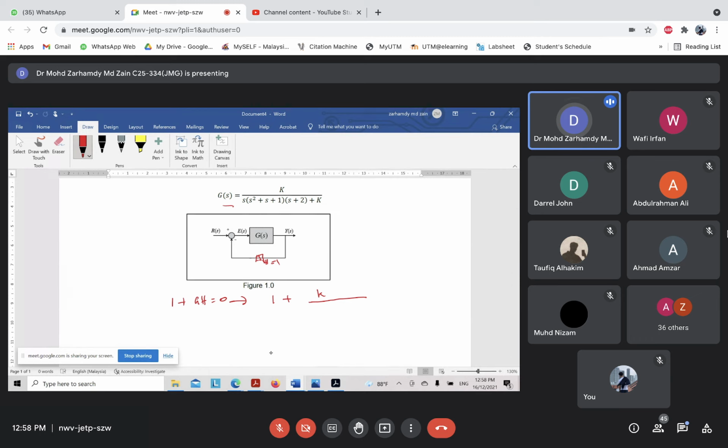You will get S to the power of 4 and so on, last is K. So now equal to 0. Then go to the 1, you will get S to the power of 4 and so on plus K equal to 0. So you will get 2K kat situ je.